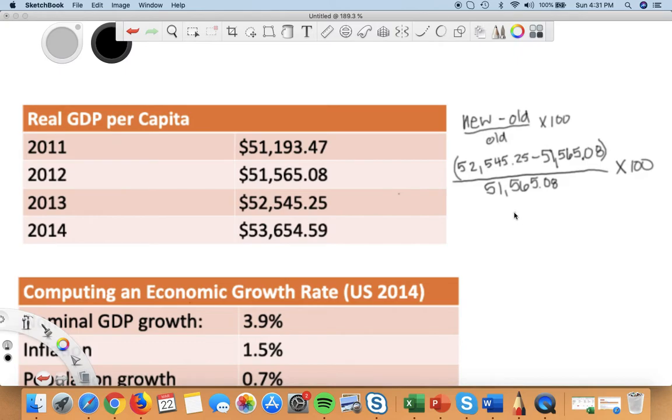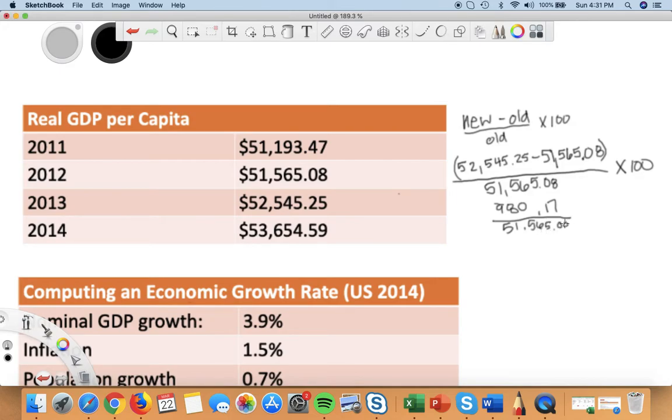So go ahead and grab a calculator. If you take that top portion, 52,545 minus 51,565, that top number should simplify down to 980.17.